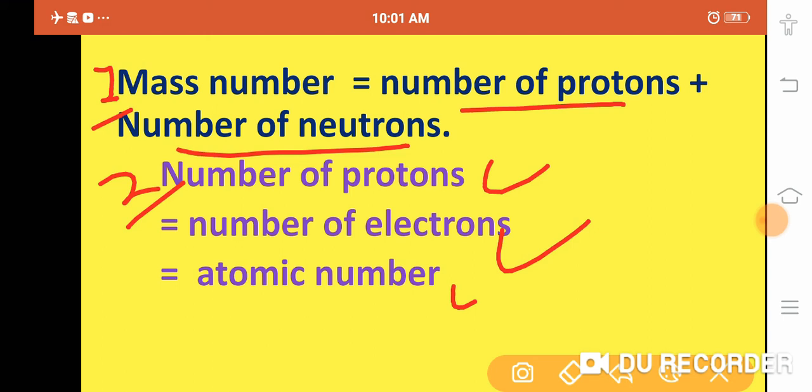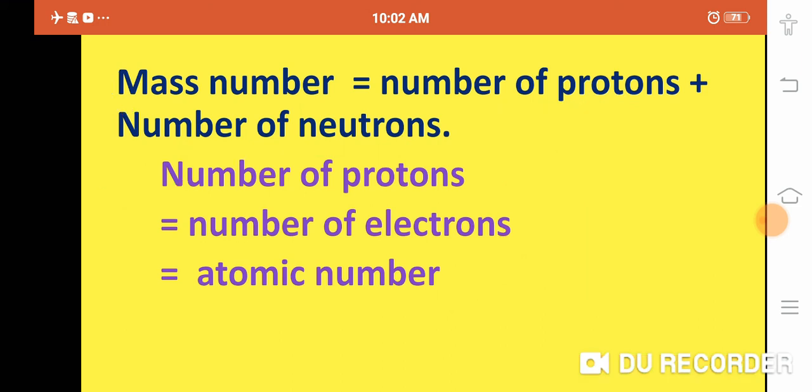This is very important, my dear: this condition you have to apply only for the neutral atom. It is for the atom, not for ions. Ions means after gain or loss of electrons by the atom, but this is applicable only for the atom, that is, the element.